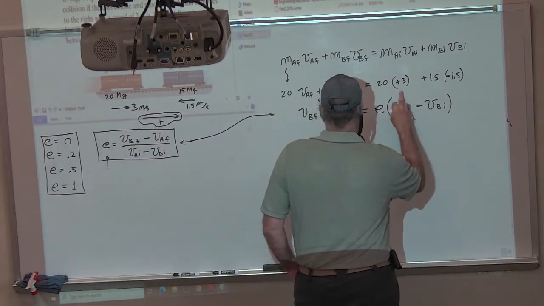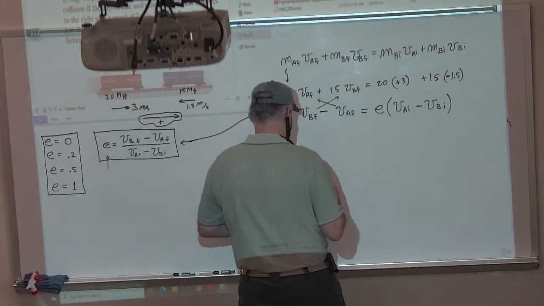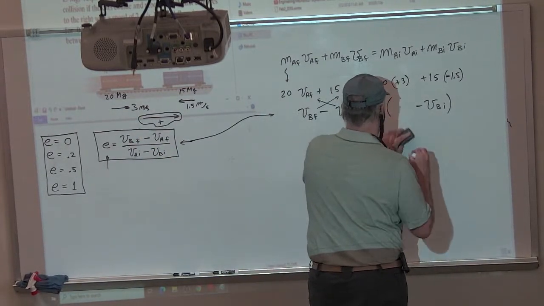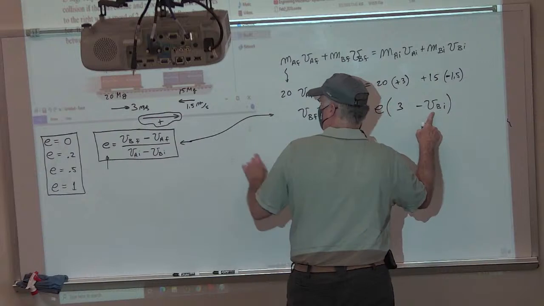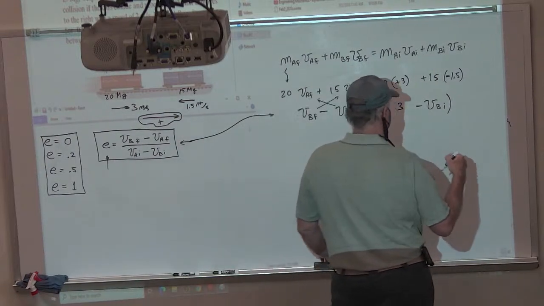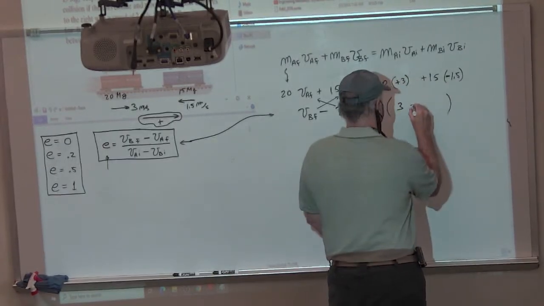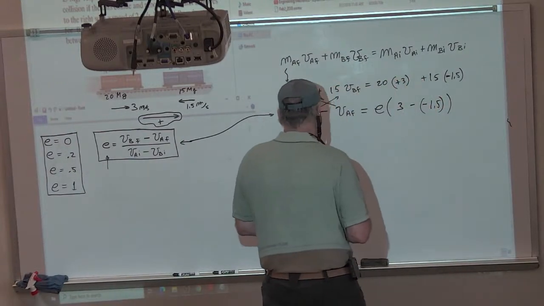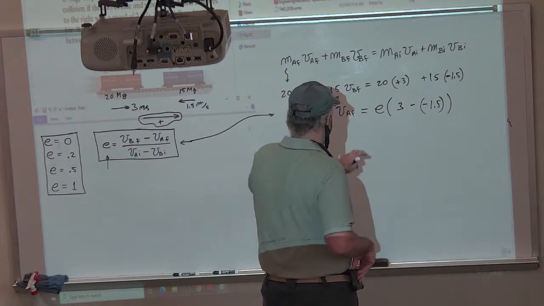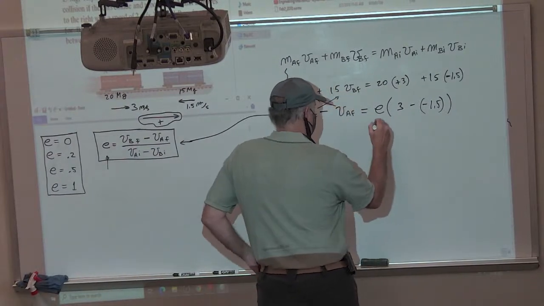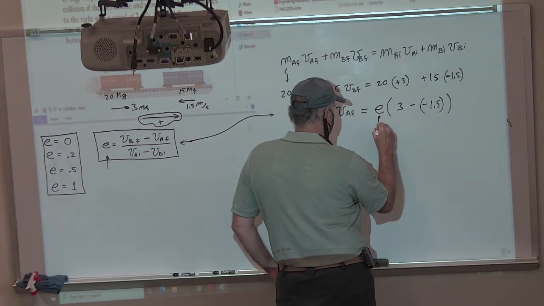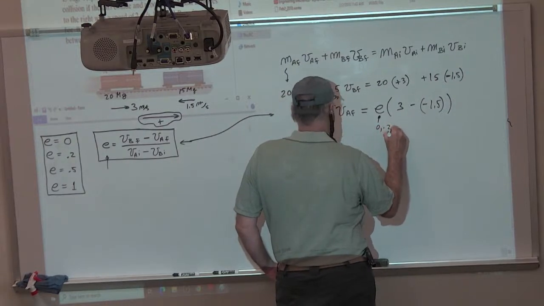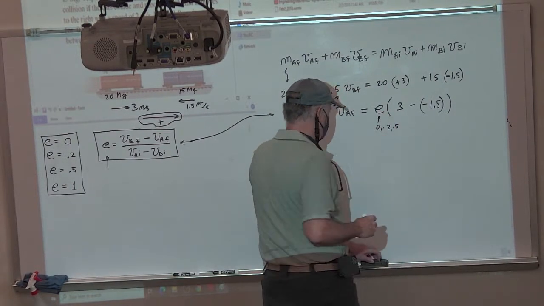Turns out I do know V_A initial, it's simply 3. I do know V_B initial going this way is essentially minus 1.5. So in a minute I'm going to put in values of 0, 0.2, and 0.5, but right now I'm going to carry this as an e.